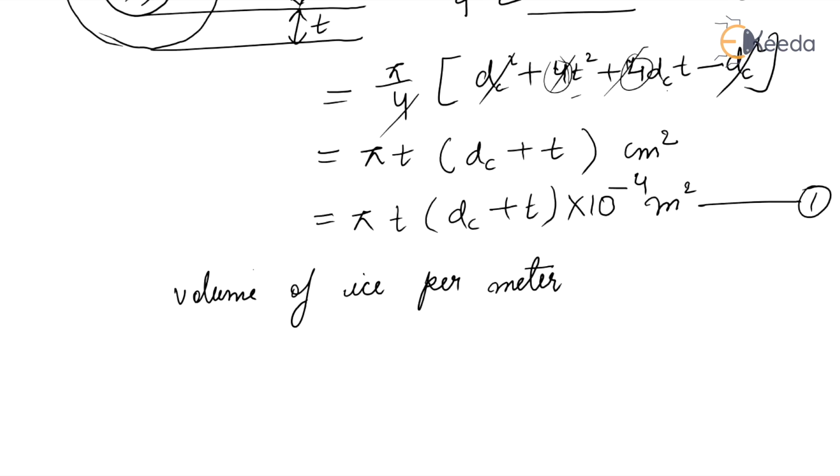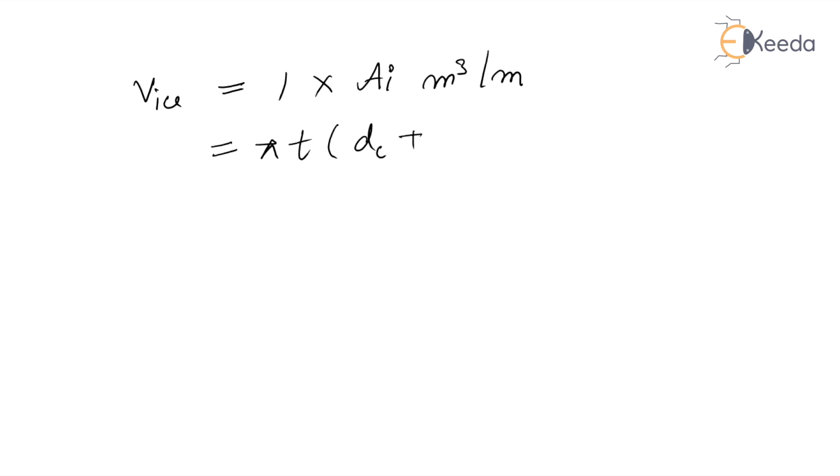So volume of ice per meter, see volume is in meter cube and per meter means 1 meter length. Volume of ice is 1 into the cross sectional area of the ice, meter cube per meter. We can write this as pi t (dc plus t) into 10 to the power minus 4 meter cube per meter.